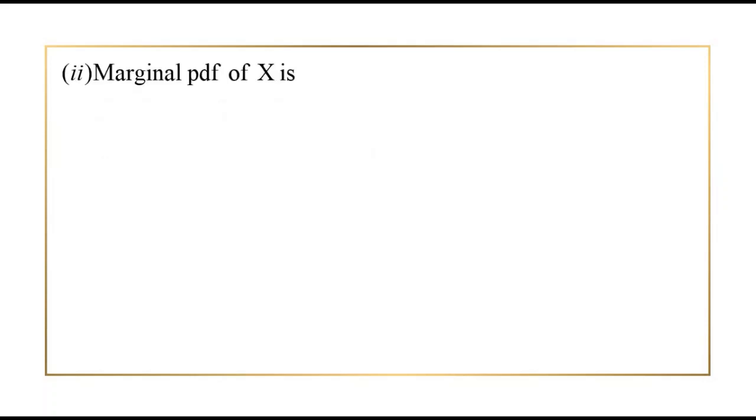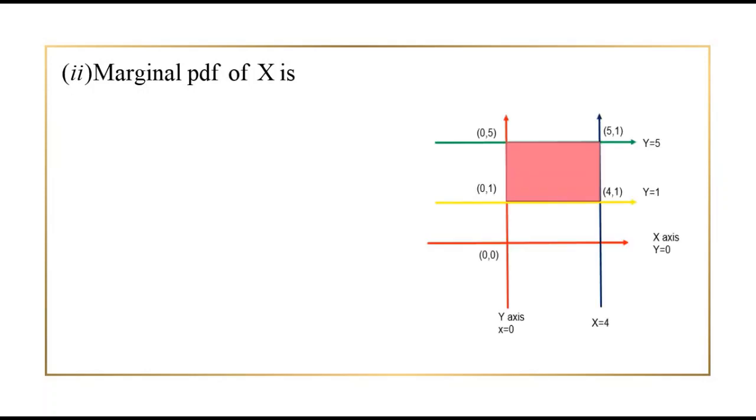To find the marginal PDF of x, let us draw the base region. Okay, now in this base region, since we have to find the marginal density function of x, that is, integrate the joint PDF with respect to y, we have to find the limits for y. So consider a vertical strip.